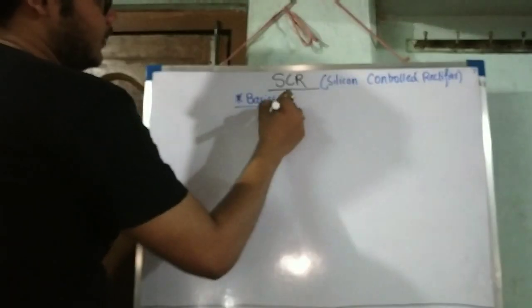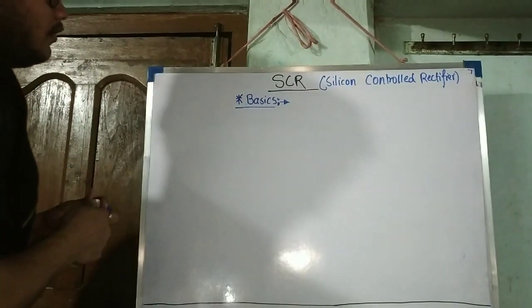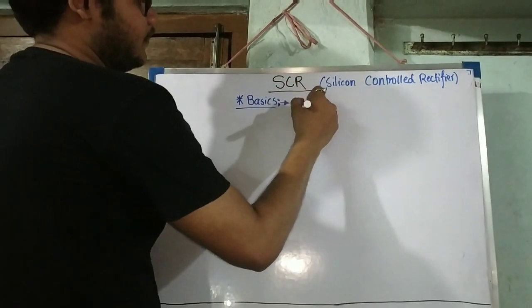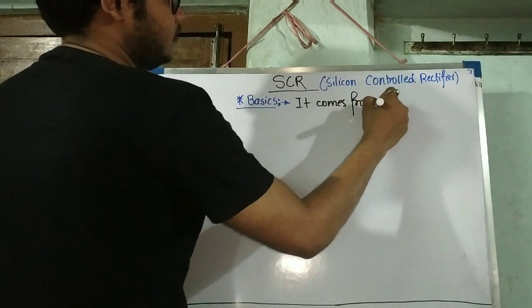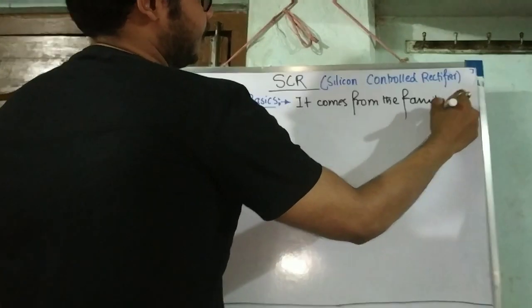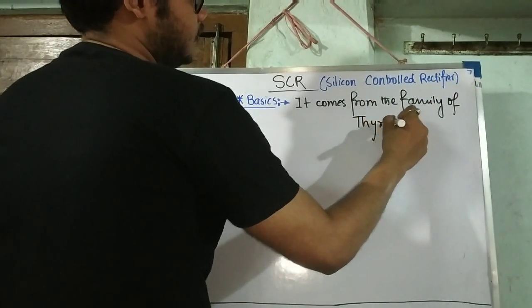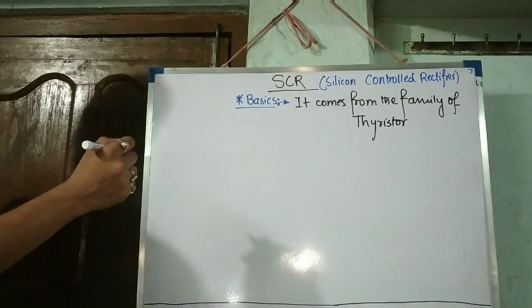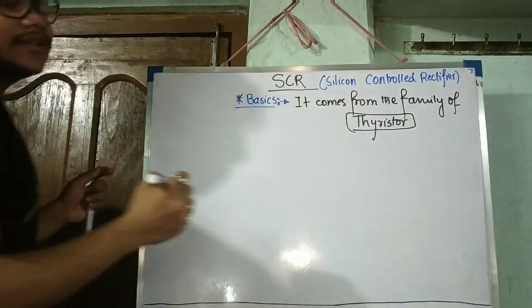First, basics. SCR comes in the family of thyristors. SCR is a family member in the thyristor family, so it is under the thyristor family.